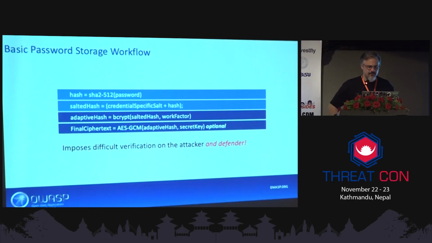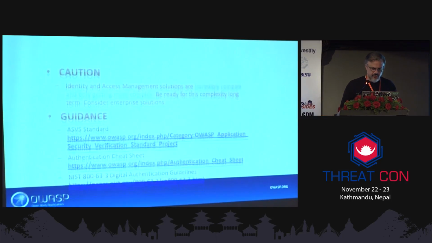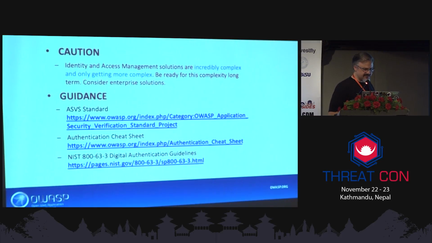So here's the basic workflow for password storage. Hash the password, add a salt, a large random string unique for every user, then use bcrypt, and as a final step, go ahead and encrypt the final step as well if you wish to. There's also a good cheat sheet called the OWASP Password Storage Cheat Sheet that several of us have worked on, as well as these other standards, right?